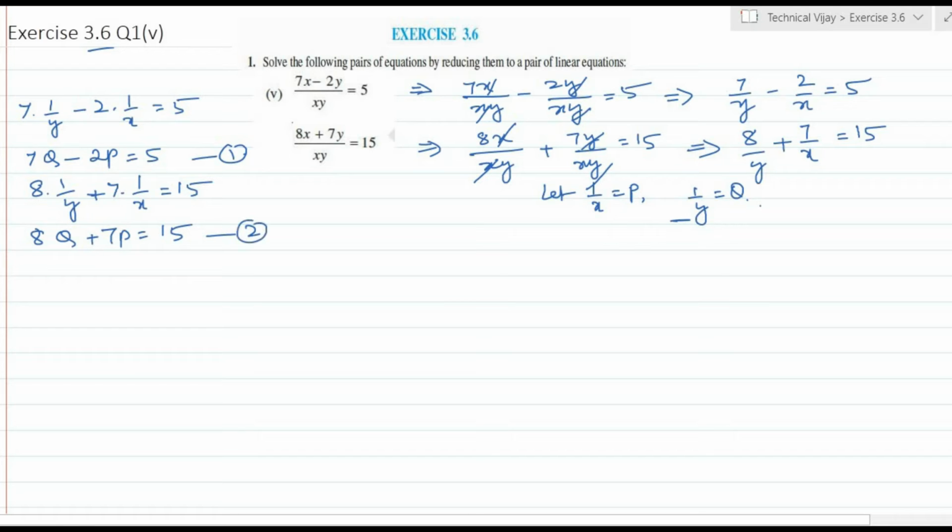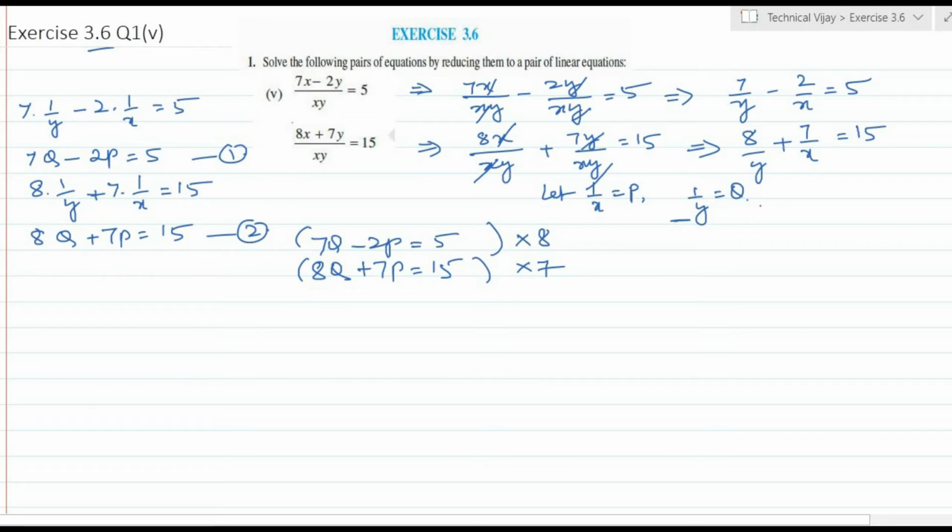This is the second equation. See here, 7q, 8q, 2p, 7p, all are not equal, so we will make them equal. I will write the equations: 7q minus 2p is equal to 5, one equation; 8q plus 7p is equal to 15. This equation we will multiply with 8, and this equation I will multiply with 7.